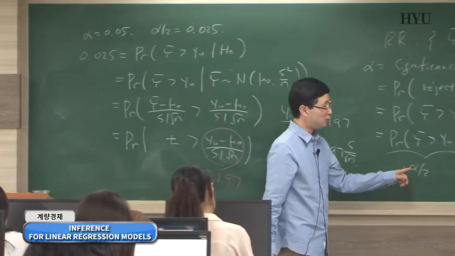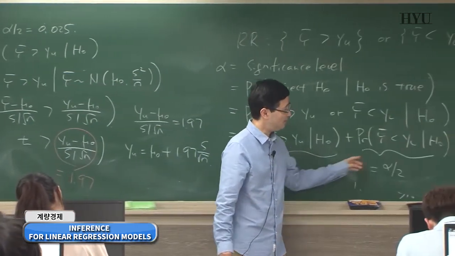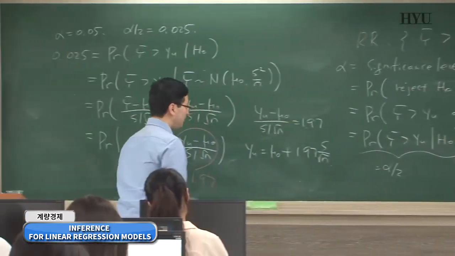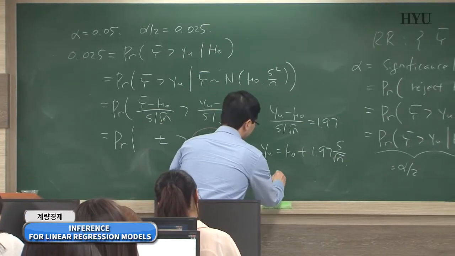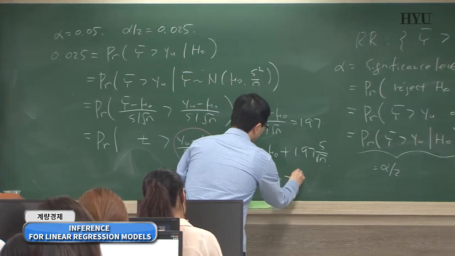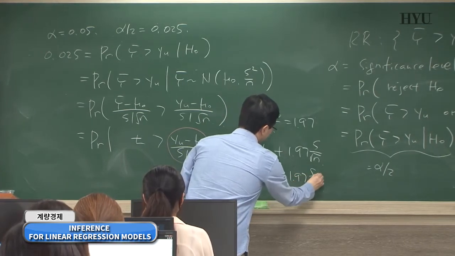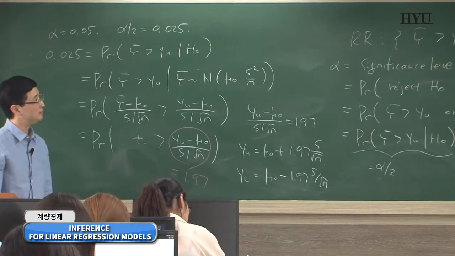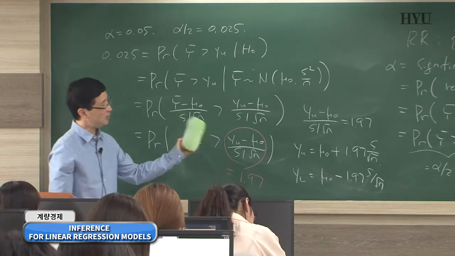Now, I just used 2.5% probability here. I'm going to use the remaining 2.5% and find the lower bound too. So you can do it. Try that later. So that's the lower bound. So we just find the rejection region.